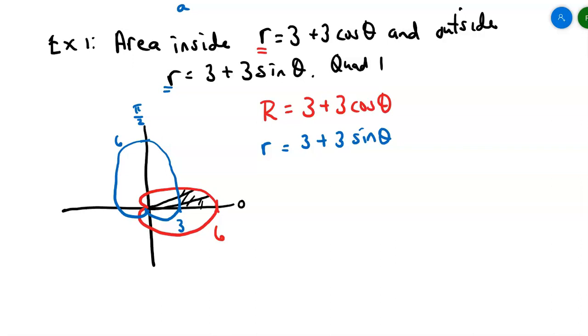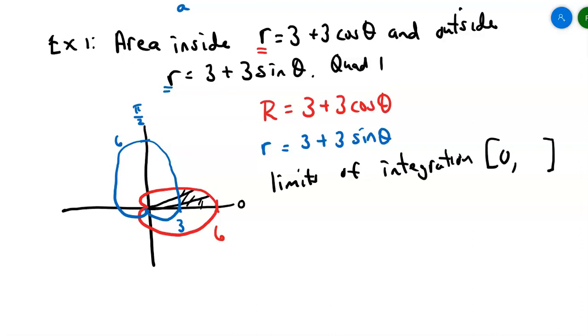All right. Next thing then I got to consider is limits of integration. I'm going to start at 0, but where do I end? Well, I end where the two functions intersect each other. So where does 3 plus 3 cosine theta equal 3 plus 3 sine theta?